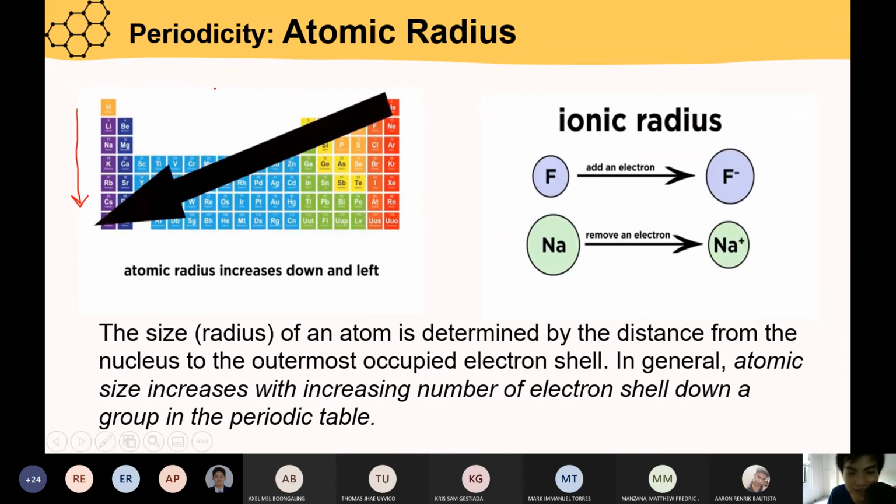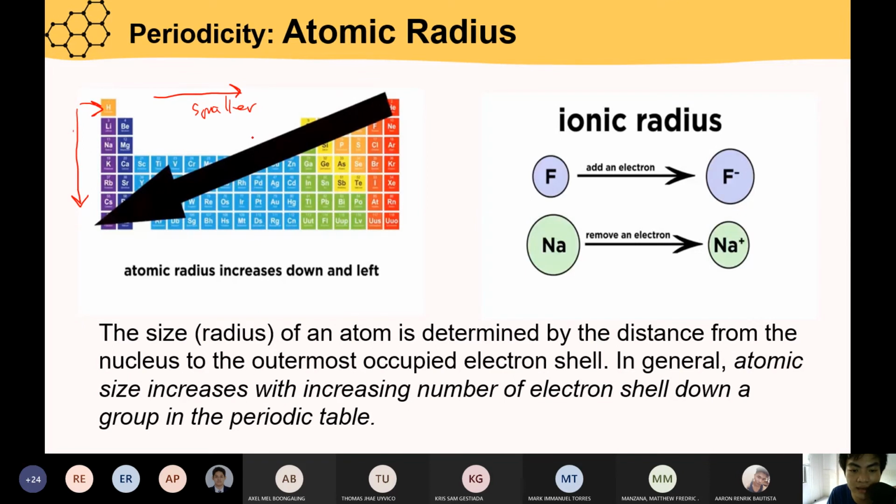So, ang answer doon is ganito. The reason why it gets smaller as you go to the right side is because of the protons. Consider if you are on the same period, the electrons will be confined in just one energy level. For example, hydrogen and helium, ang electron nila, nasa iisang energy level lang.